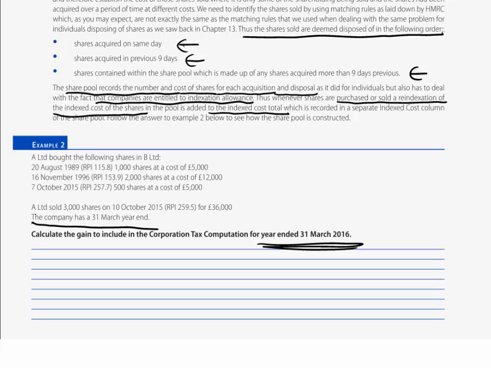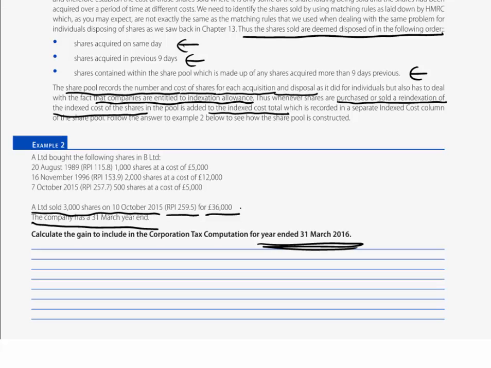Now we can see that here A Limited sold 3,000 shares in October. To be very precise, and here in fact we are going to need to be very precise, on the 10th of October 15, at a time when the RPI was 259.5, we sold those 3,000 shares for £36,000. We need to therefore identify which shares are the ones being sold.